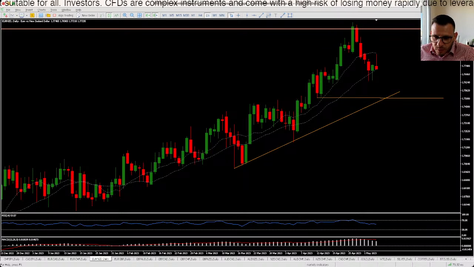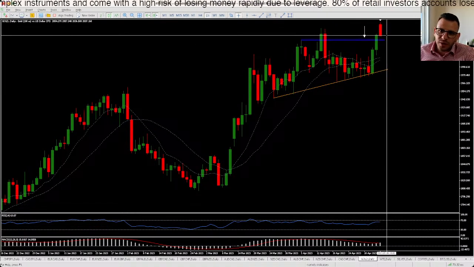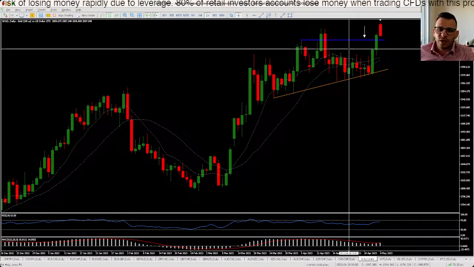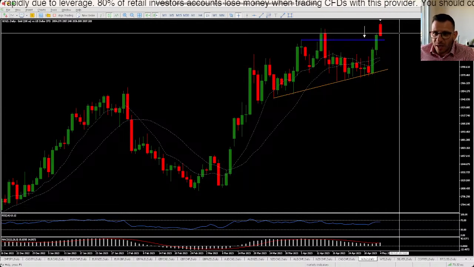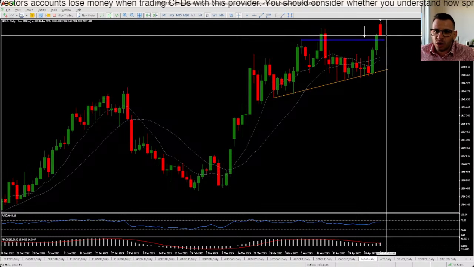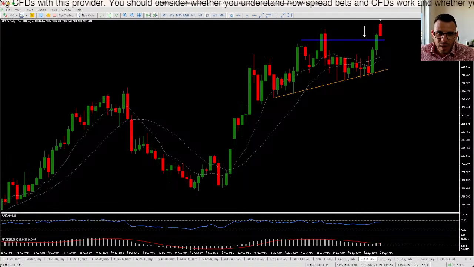So, let's start with gold. Gold surpassed this area of resistance, so the potential head and shoulders didn't play out. The market gapped up so much, you can see the price action here.